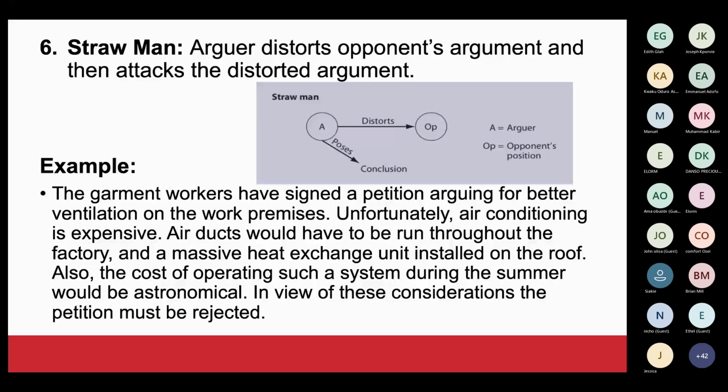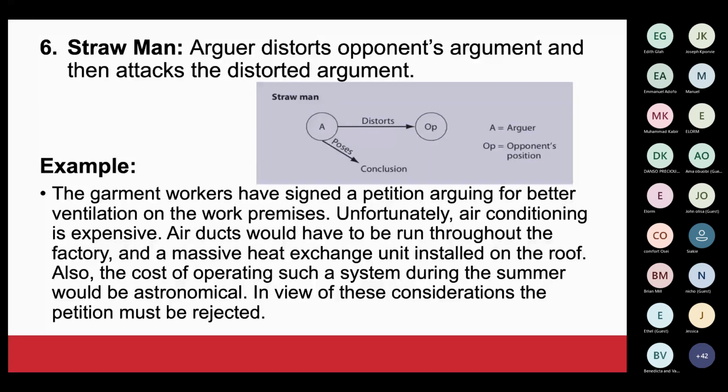Then the arguer comes in and says, unfortunately, air conditioning is expensive. Air ducts would have to be run throughout the factory and a massive heat exchange unit installed on the roof. Also, the cost of operating such a system during the summer would be astronomical. In view of these considerations, the petition must be rejected.